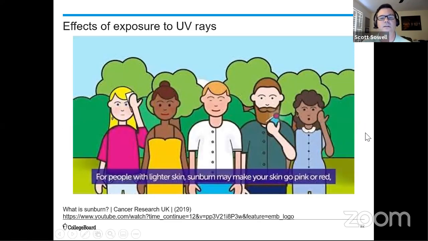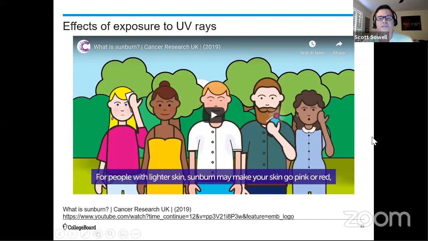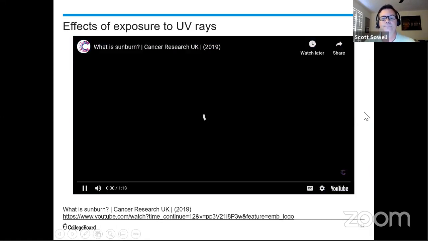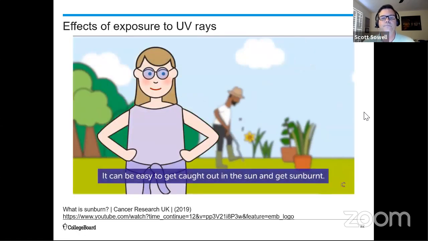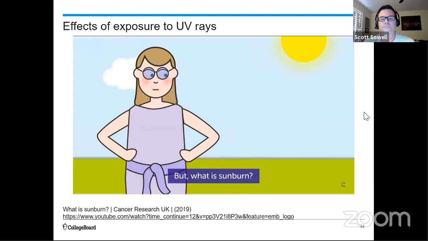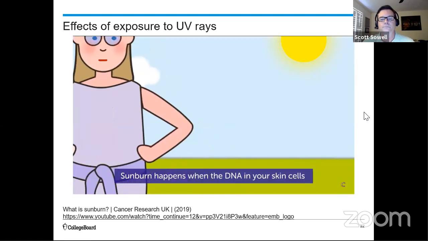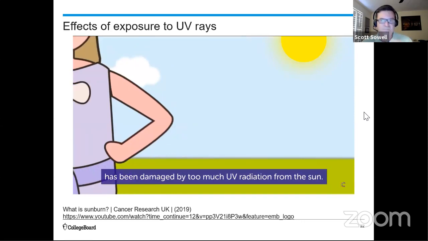So just as a little review of that sunscreen and cancer risk, let's take a look at this. It can be easy to get caught out in the sun and get sunburnt. But what is sunburn? Sunburn happens when the DNA in your skin cells has been damaged by too much UV radiation from the sun.